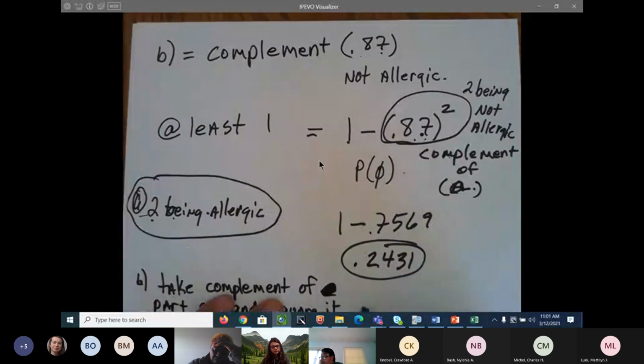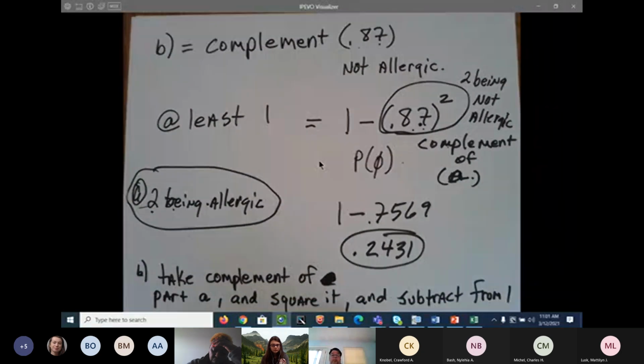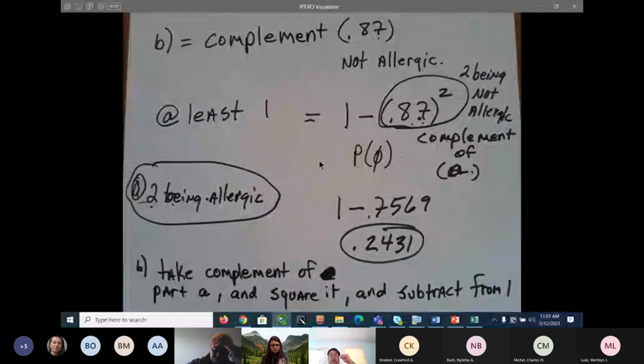And subtract from 1. Take the complement of A, which is 0.87, square it, and subtract it from 1.